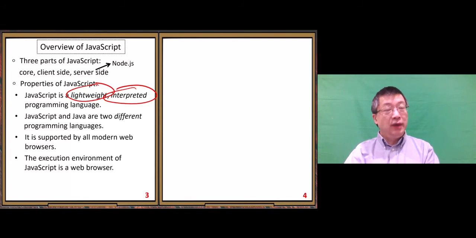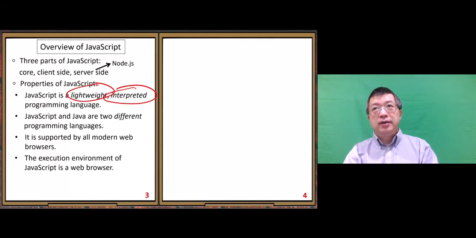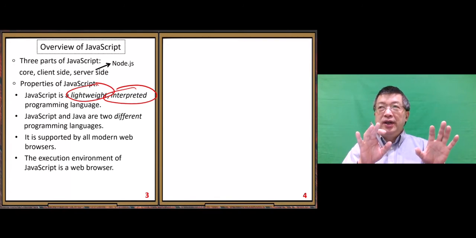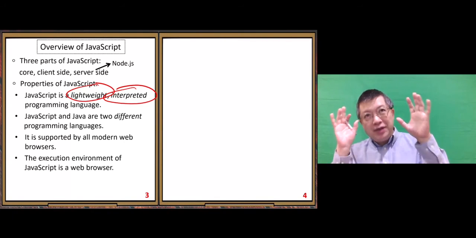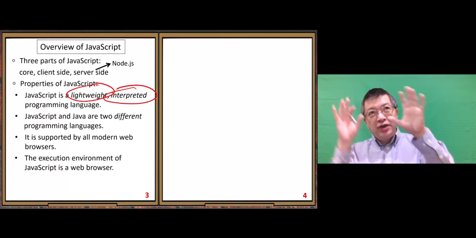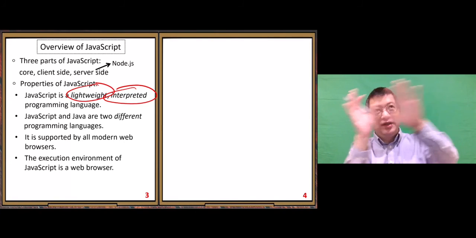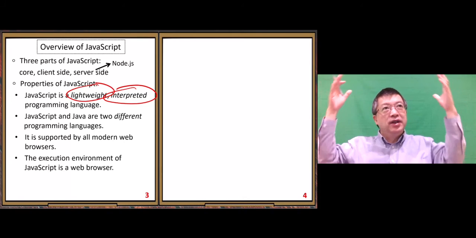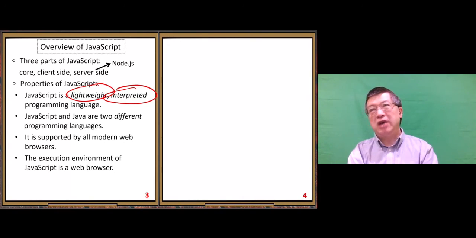This is a simple fact, but with this background, when we write JavaScript code, we will imagine the execution environment, the web browser. That's the way we understand a lot of behaviors of our JavaScript code.